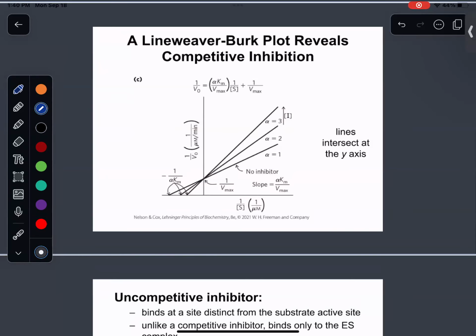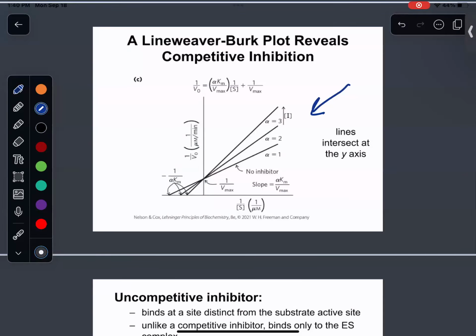Lineweaver-Burke plot reveals competitive inhibition. The trend in these lines is going to matter. Being able to recognize the different trends with regard to competitive versus uncompetitive, non-competitive, and mixed inhibition is important, and that will definitely be on your exam.